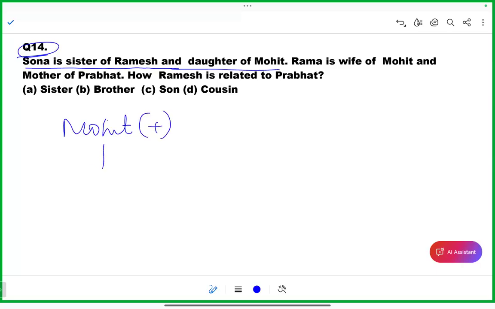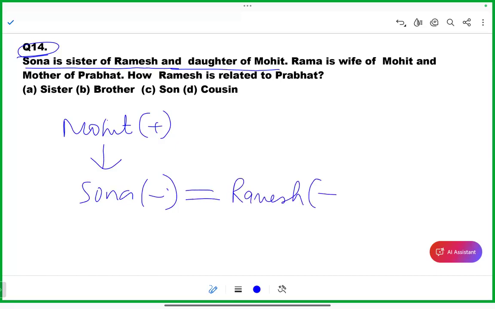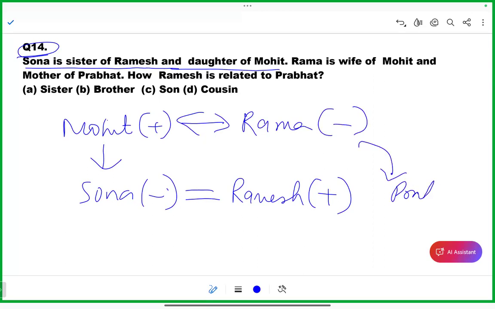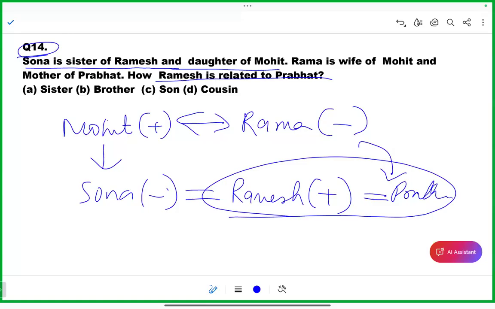Rama is the wife of Mohit and mother of Prabhat. So that means all these three are siblings. How is Ramesh related to Prabhat? Brother. We don't know. Yeah, that's it.